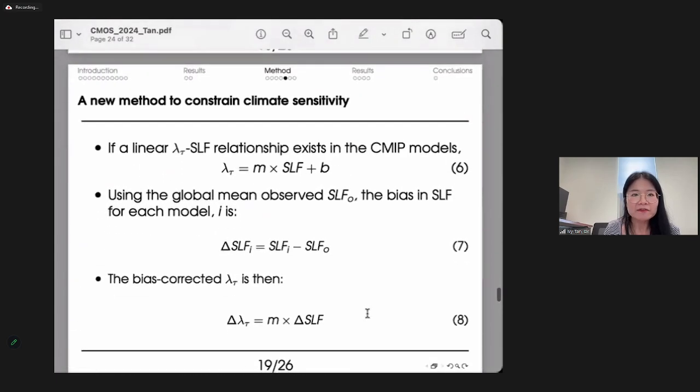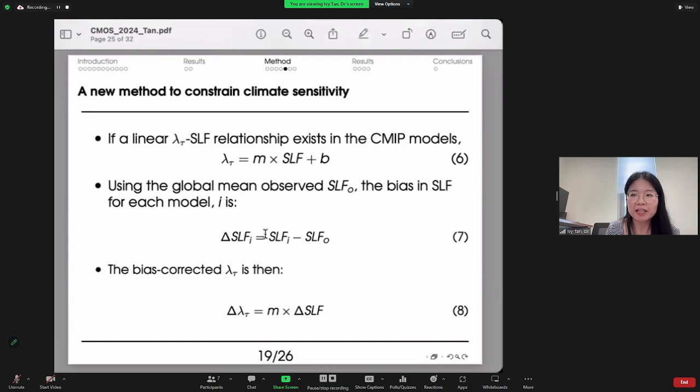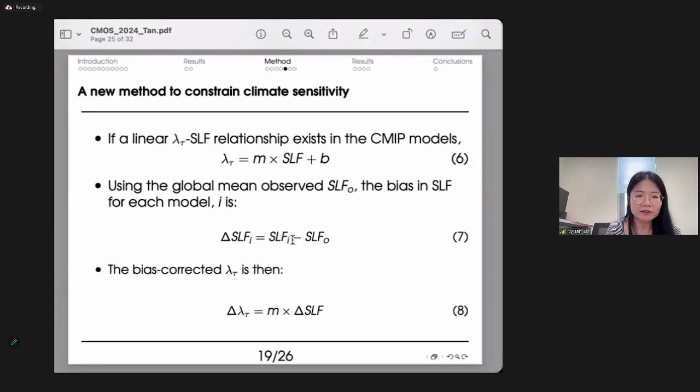Now, given that SLF lambda sub tau relationship we saw earlier, if that relationship holds across all CMIP models, then we can use modern satellite observations to quantify the bias in SLF. Let's call that delta SLF. We can calculate the bias for each individual model, denoted by the subscript i here. If we differentiate equation 6, we get the bias-corrected lambda sub tau in equation 8.